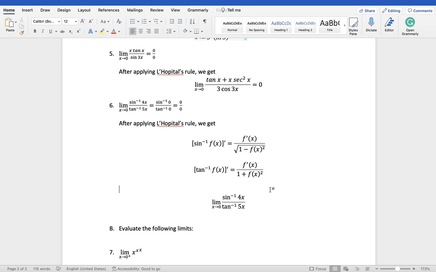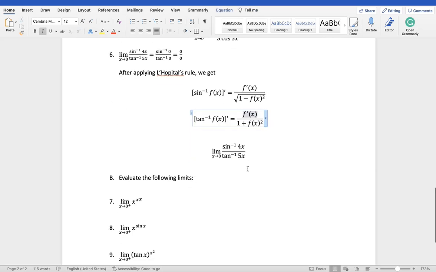So these are the formulas for the derivative of sine inverse and tan inverse functions, so you should know them.